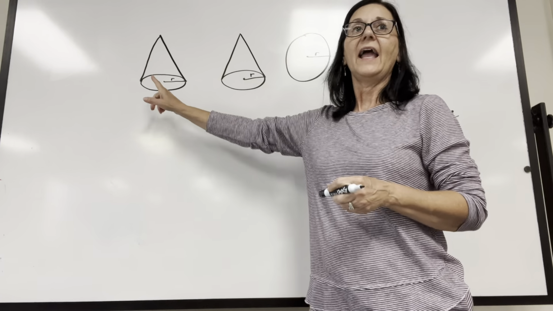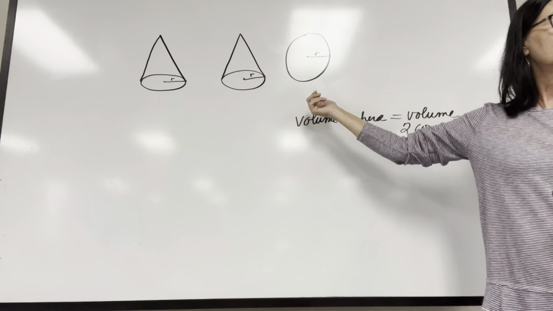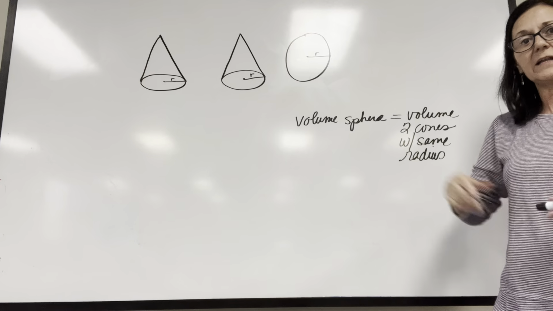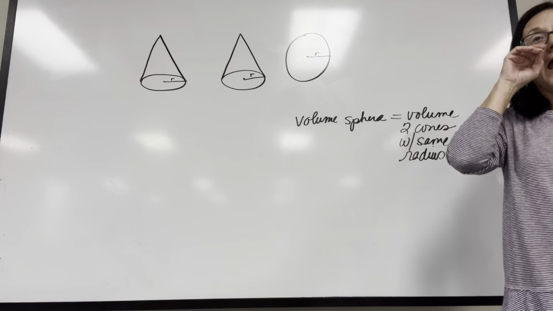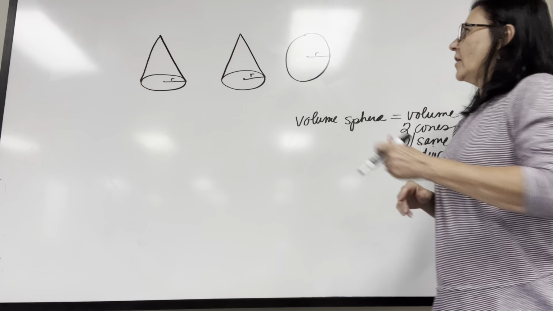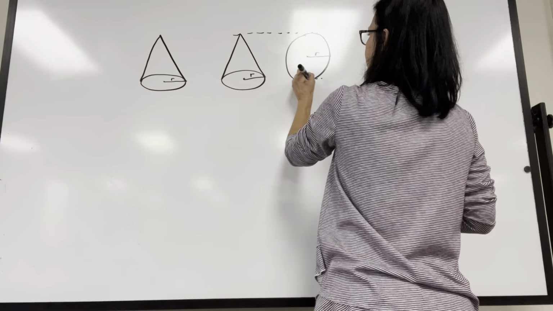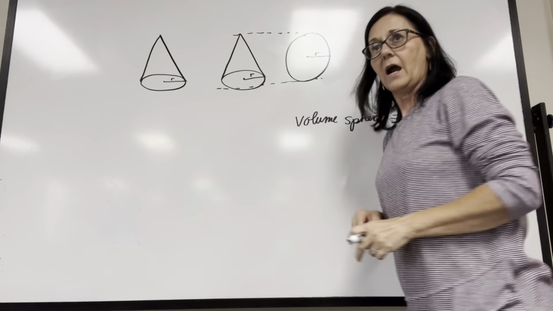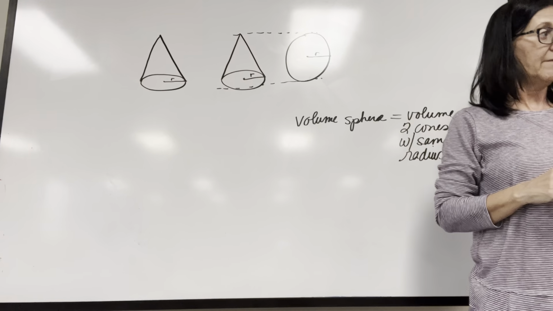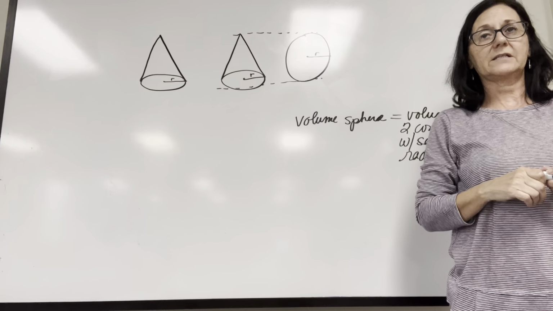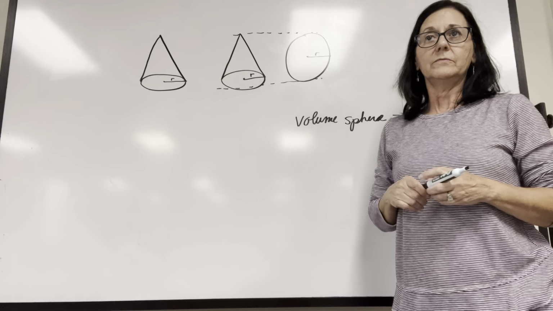All right, so look, I have 2 cones and I have 1 sphere on the board. I want us to think about this. How can this be? We're going to assume that they're at the same height, because that would matter for this. You know that all radii are equal.